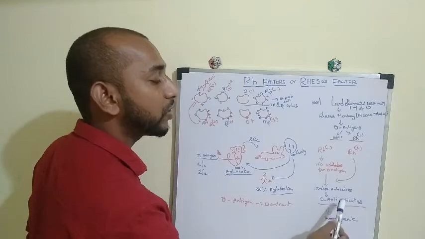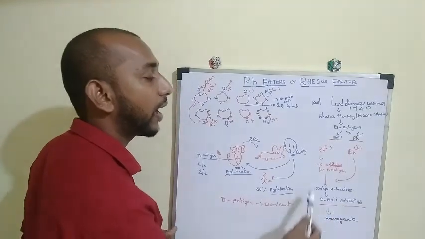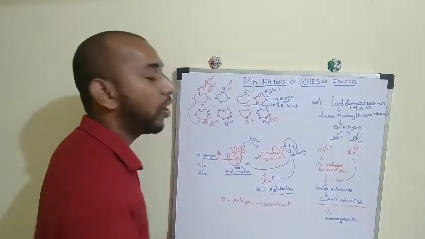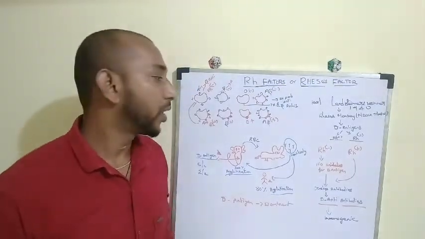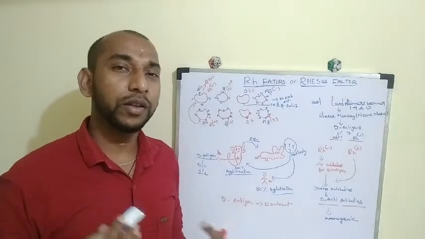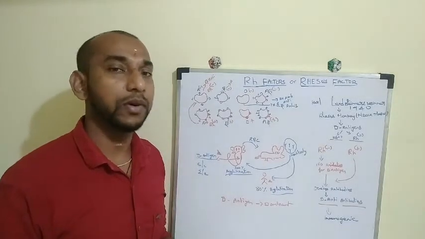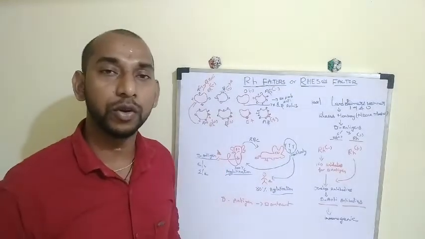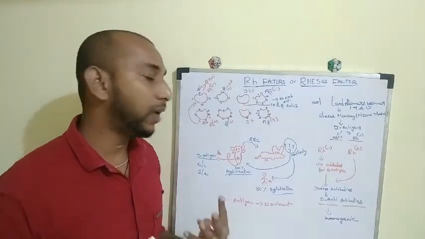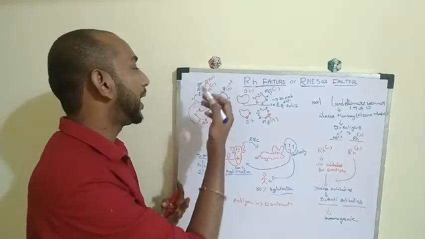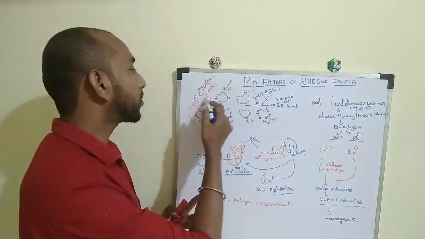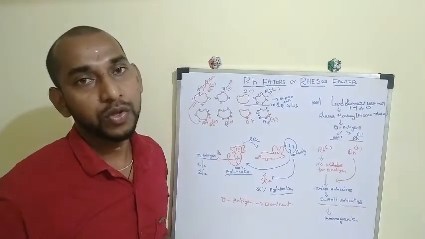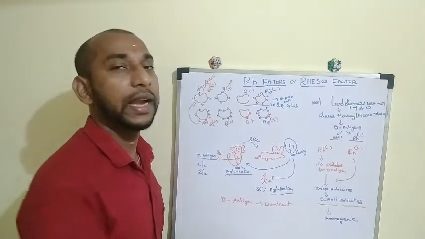Since they produce these antibodies, they start attacking the red blood cells of the A positive, and this response is what we call immunogenic. Initially they don't express much effect on the person. Say for example we have transfused A positive blood into the A negative blood group. Nothing will happen, only the blood cells will be destroyed by the antibodies produced by the A negative blood group. Those antibodies we call D antibodies.